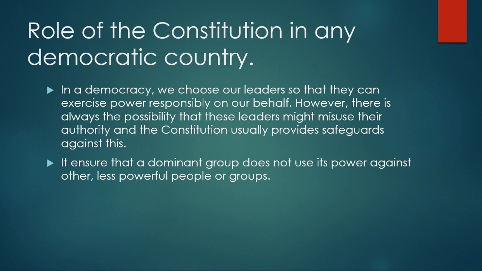No one can stop them. But if anyone does this, there is also a provision in the constitution, and those who are facing this kind of discrimination can approach the court and complain about those persons. So these are the two important roles of the constitution in any democratic country.